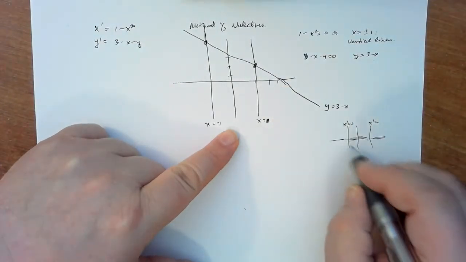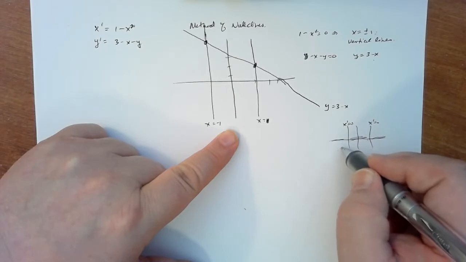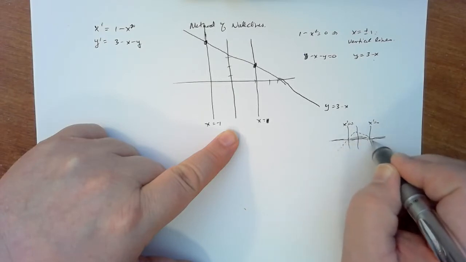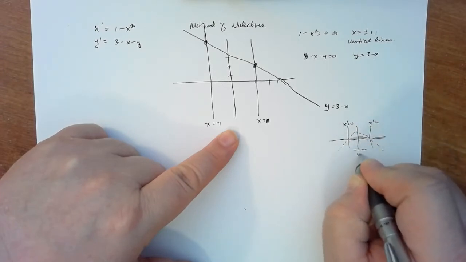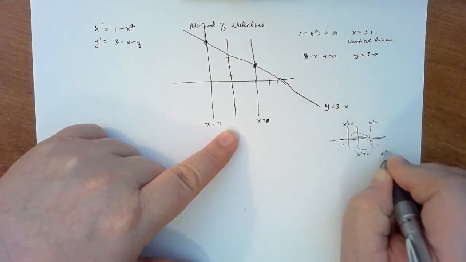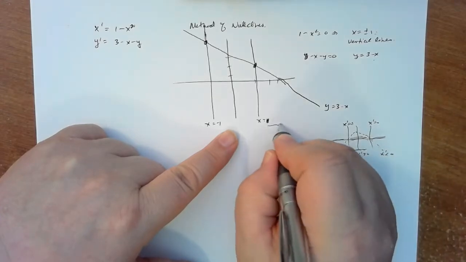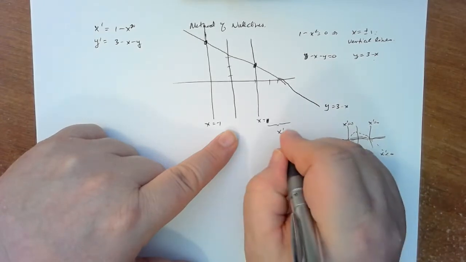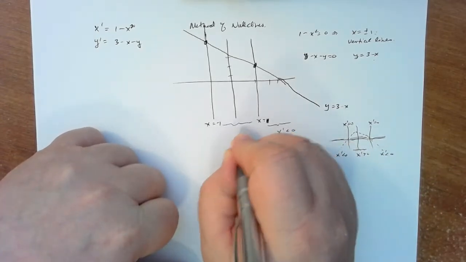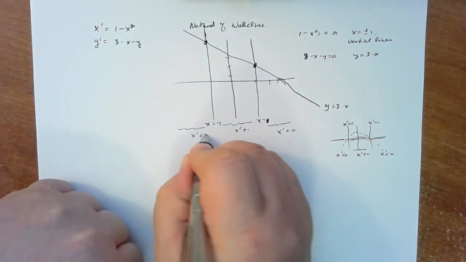What does that look like? I guess I could graph that over the top. 1 minus x squared is an upside down parabola, right? So therefore, between these two, x prime is going to be positive, and then x prime is negative, and x prime is negative. I could even write that up here just to remind myself. X prime is negative, and between here, x prime is positive, and here x prime is negative.